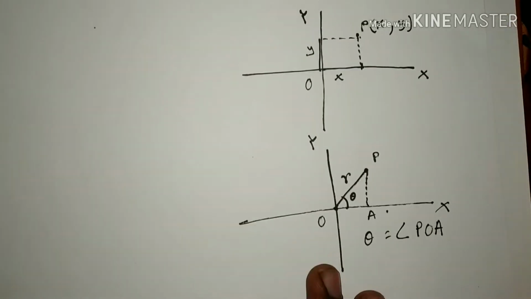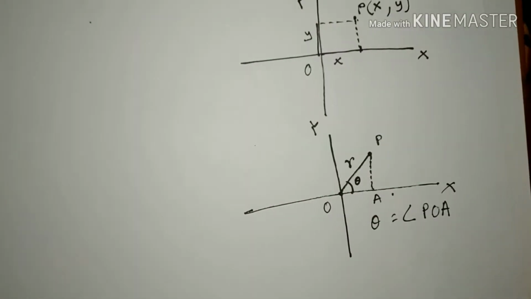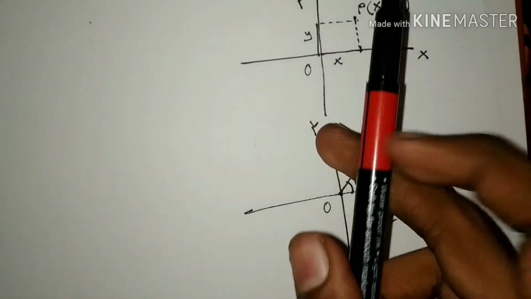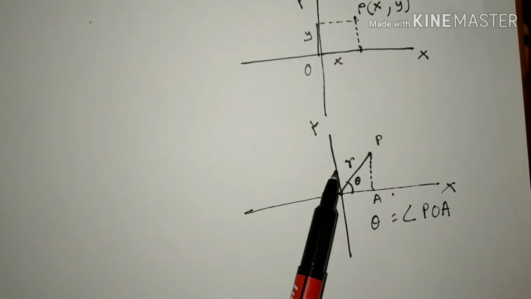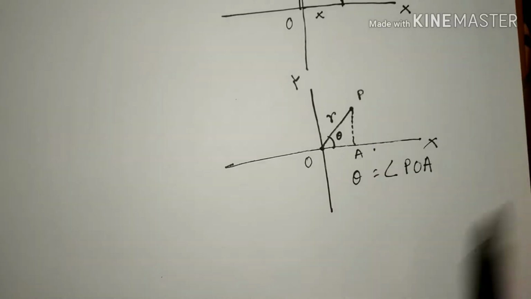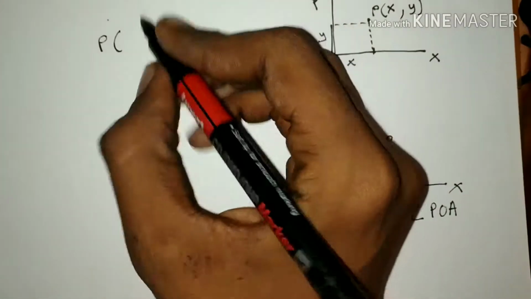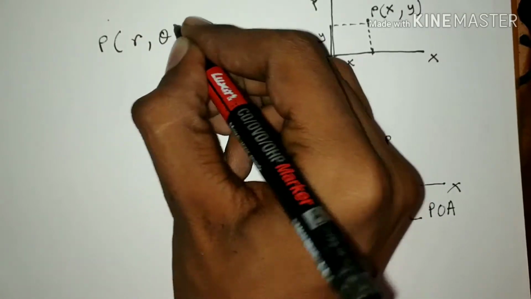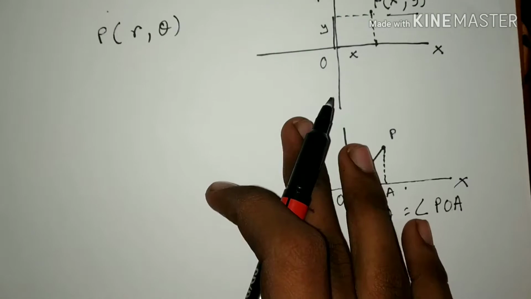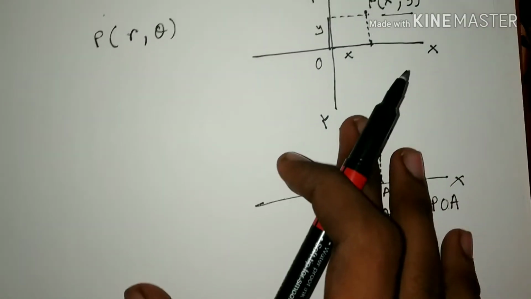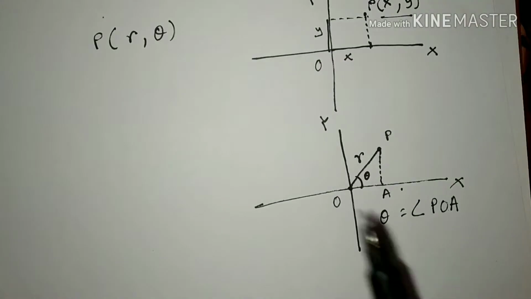Now suppose we are given the r coordinate and the theta coordinate, and we are required to find the rectangular coordinates of the point.